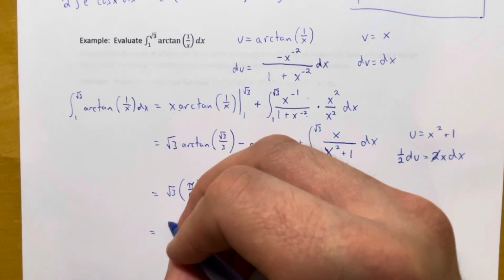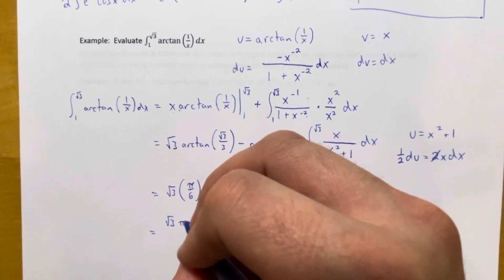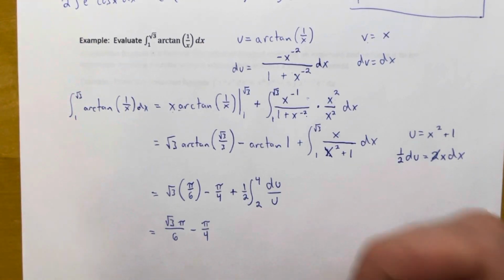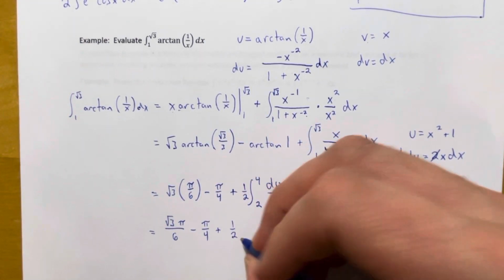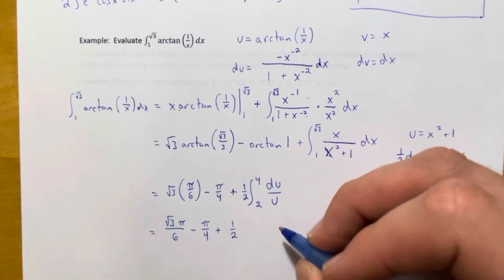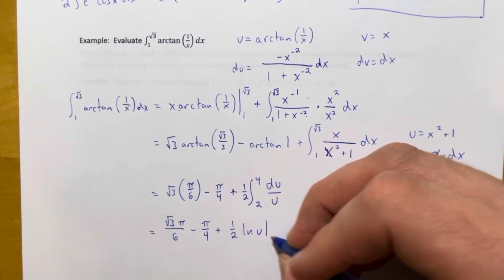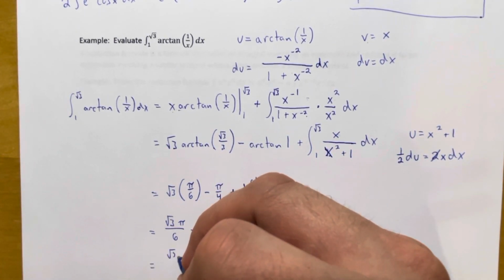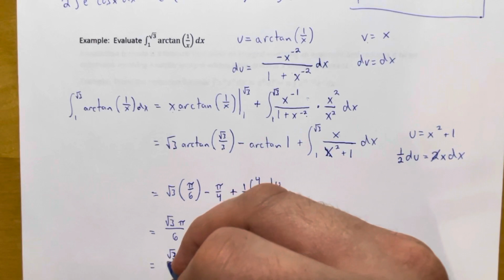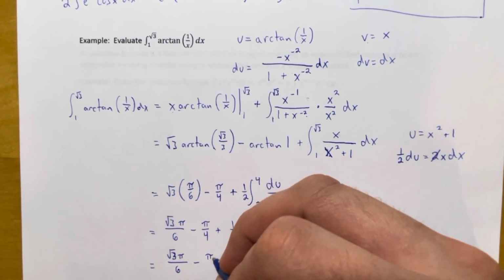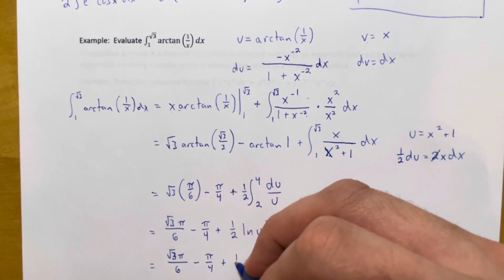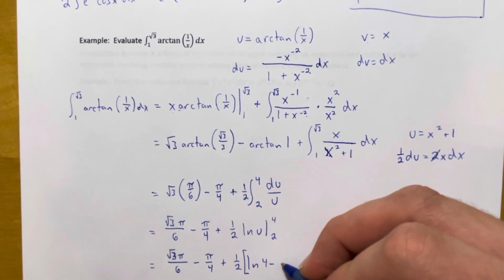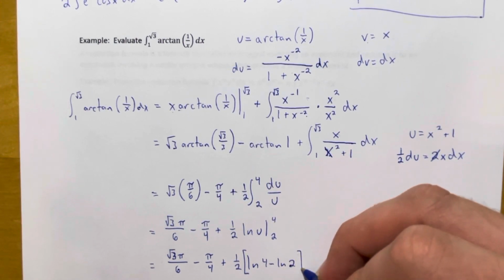Okay, let's write this as root 3 times pi over 6 minus pi over 4 plus 1/2. This, when I integrate, is just the natural log of u evaluated from 2 to 4. Now what do we have here? Root 3 times pi over 6 minus pi over 4 plus 1/2 times the natural log of 4 minus the natural log of 2.